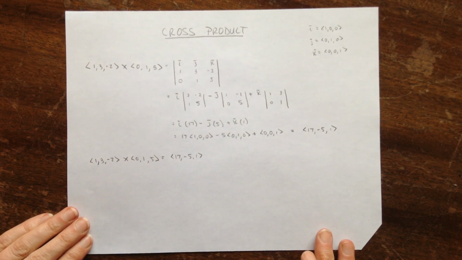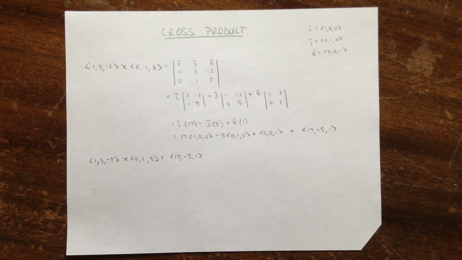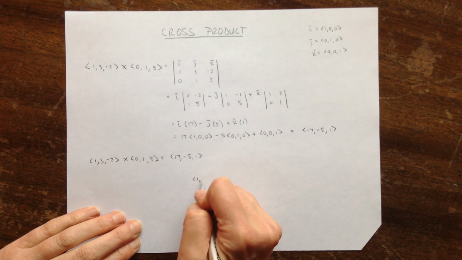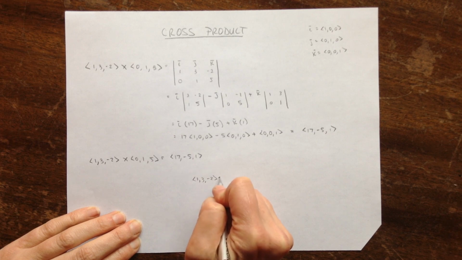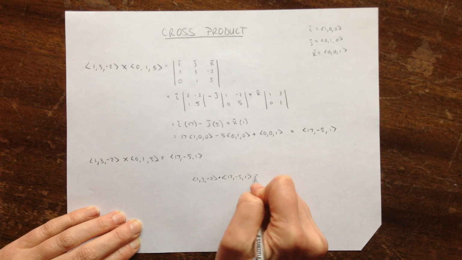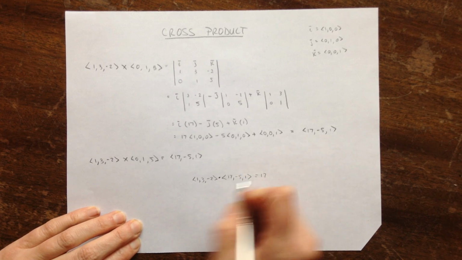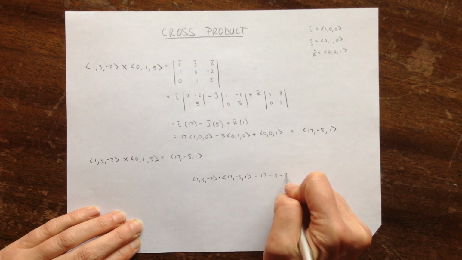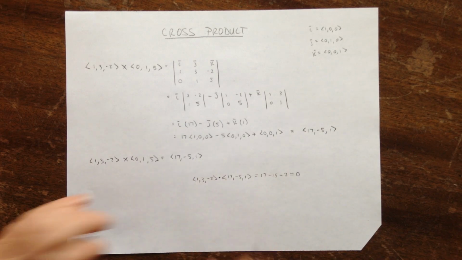And what is handy about the cross product is if you look at the dot product of 1, 3, negative 2 with the vector that we got by taking the cross product, you get 17 minus 15 minus 2, which is 0. What does that mean?